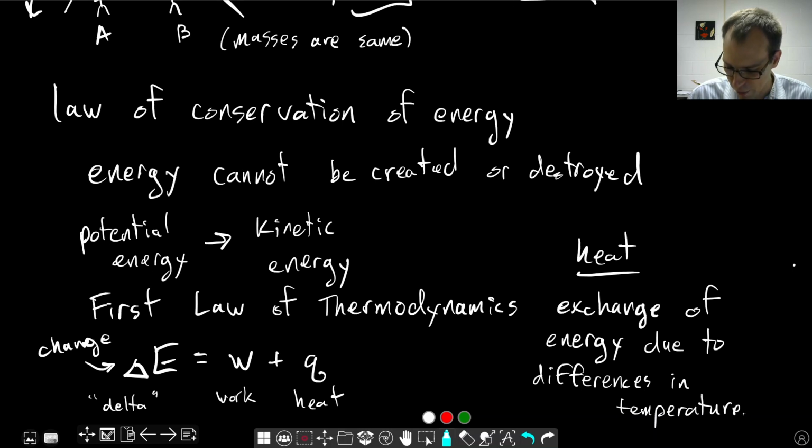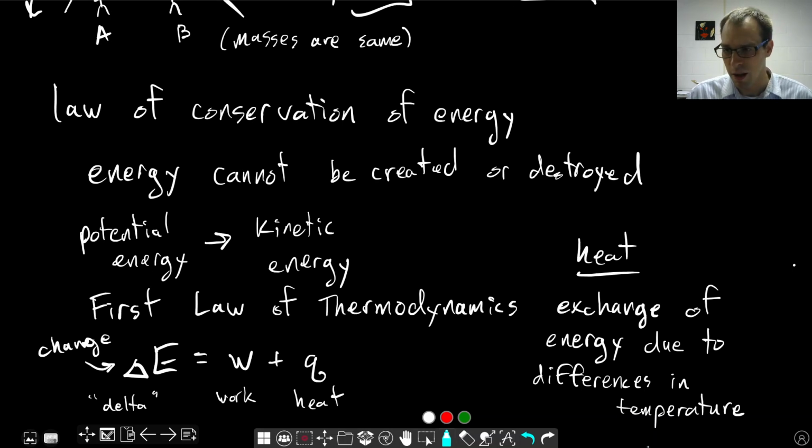This is the primary form of energy exchange we see with chemical reactions. They will usually heat things up around them or cool them down. That's also possible, and we'll talk about that possibility. So the first law of thermodynamics states that we can only change energy's forms, and if we look at both the system and the surroundings, which we'll get to in the next video, that energy won't be created or destroyed. It'll just change forms, either from work to heat or heat to work.